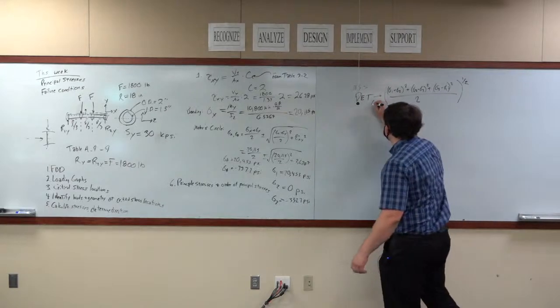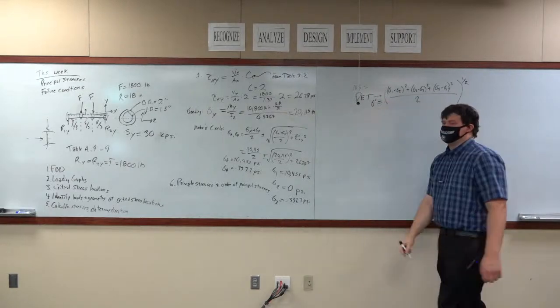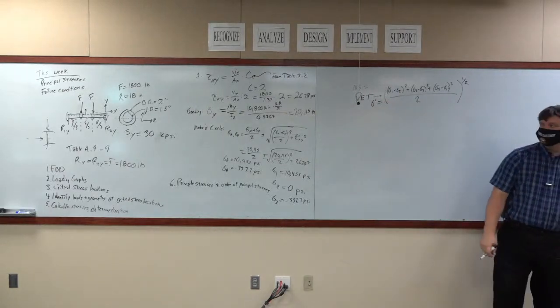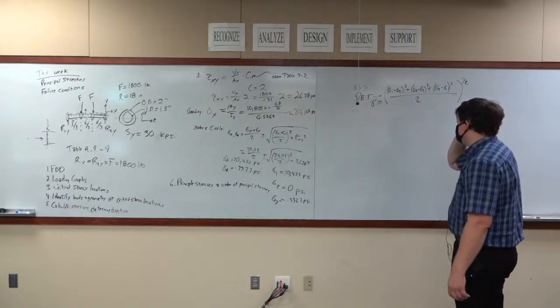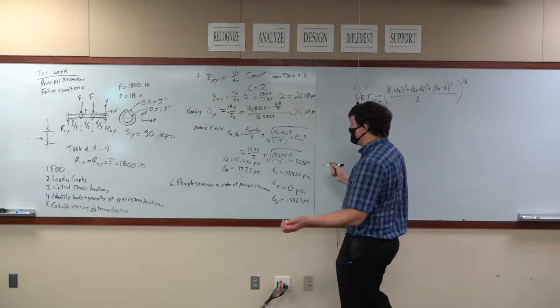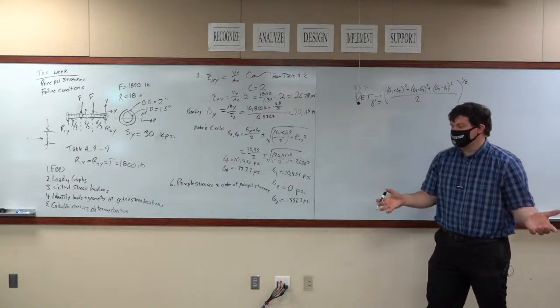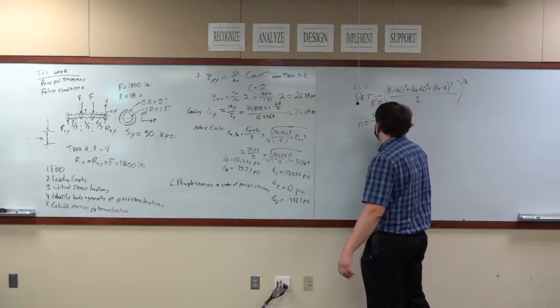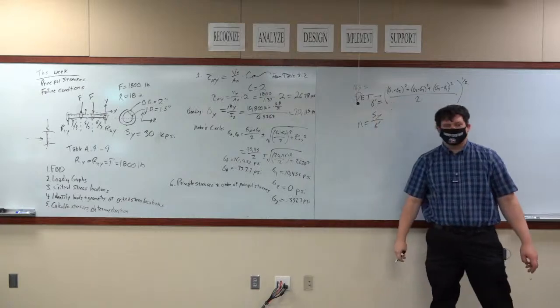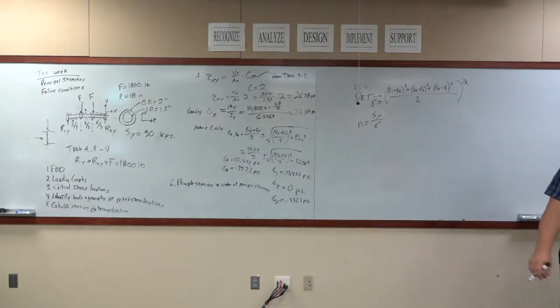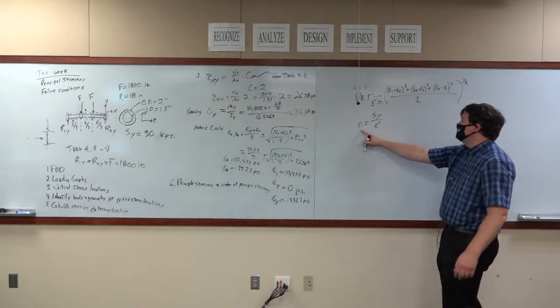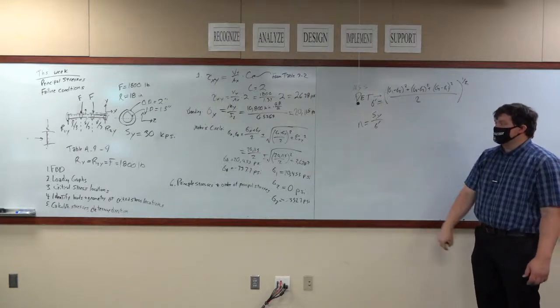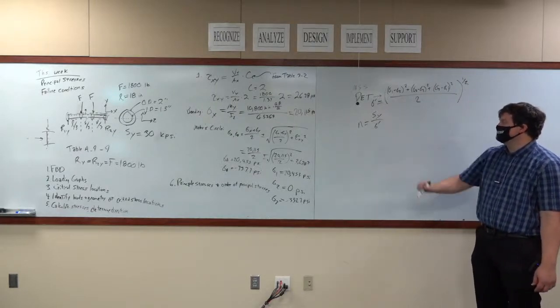And this is equal to von Mises stress, which is a sigma prime. And then the failure condition, or the safety factor condition, is N is equal to Sy over von Mises stress. So this is what we're looking for. We had to calculate all those things to find this.